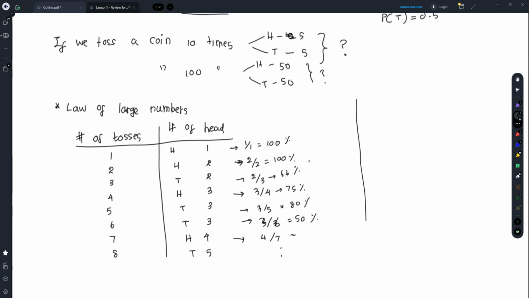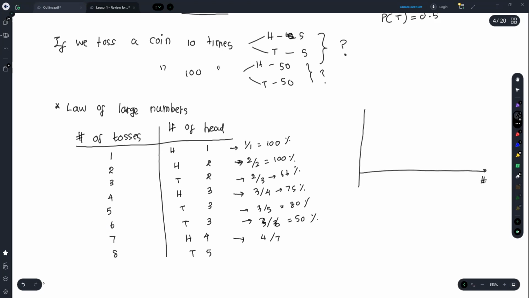And if you plot it on a graph, even there are online simulations we can do, right? If you draw the probability of getting a head against the number of tosses, you see the probability fluctuates between 0 and 100%. So this is 100%, probability 1, 0.5 and 0.